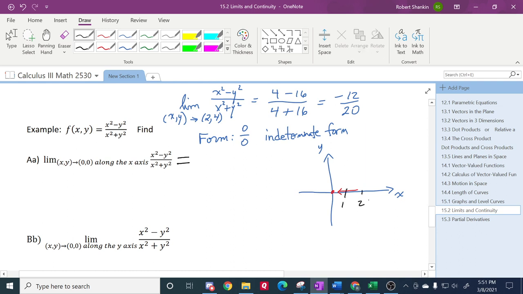If I'm at this point, my coordinates are 2, 0. I'm at this point, my coordinates are 1, 0. I'm at this point, my coordinates are 3, 0. If I'm on the x-axis, what do I know about either x or y? Anybody?